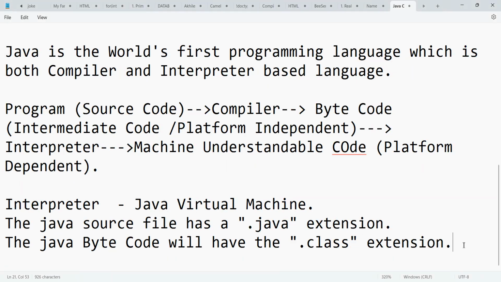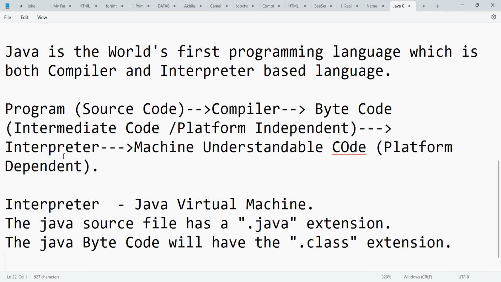Now, next thing that you need to know: I told you about the Java source file, this is the first step. Then I told you about the Java bytecode, this intermediate code. Let's also talk about the interpreter.